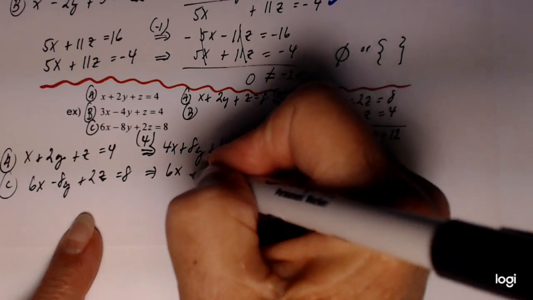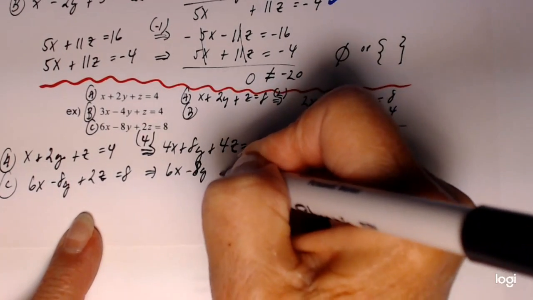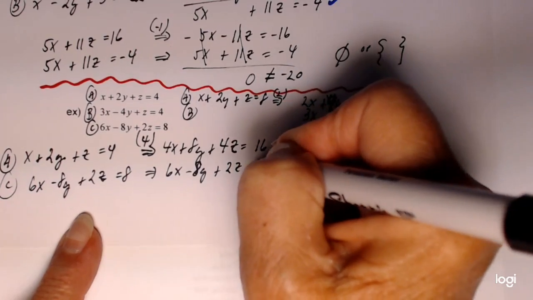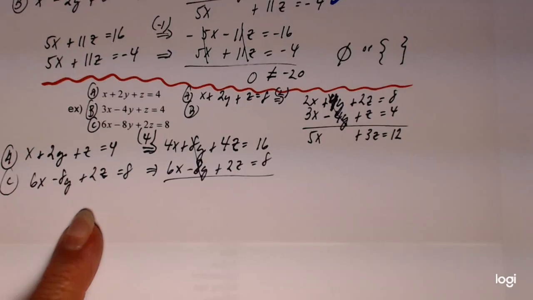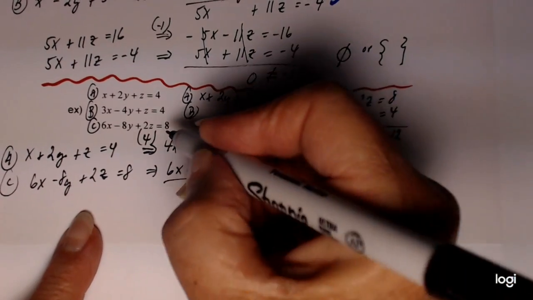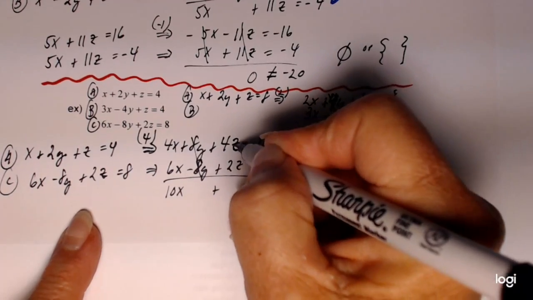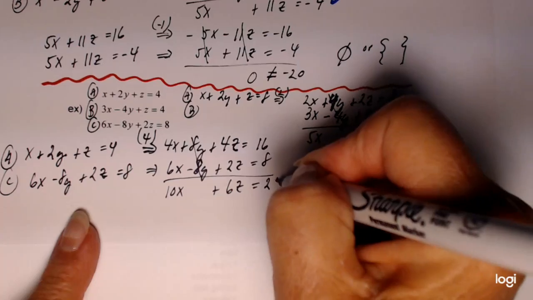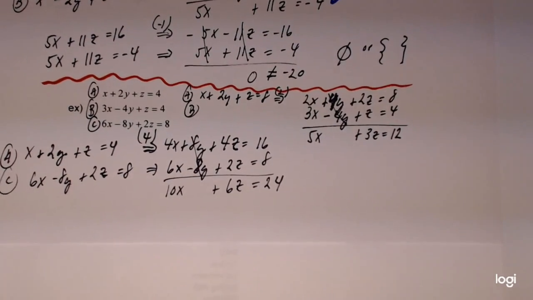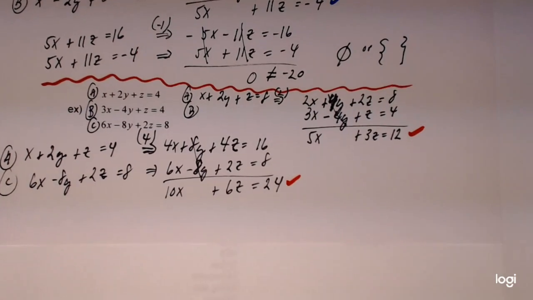6x minus 8y plus 2z equals 8. Again, the y's cancel. We intentionally set it so it would cancel. 4x and 6x is 10x. 4z and 2z is 6z. The constants add up to 24. So these are now the two equations we have with x's and z's.